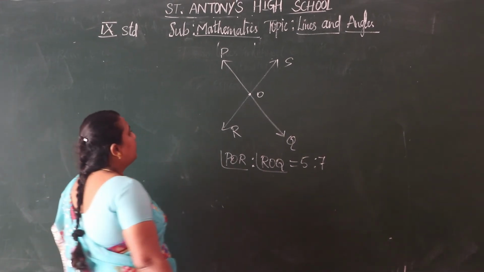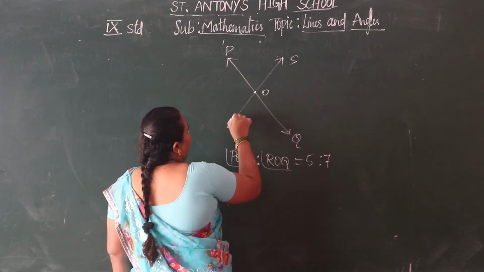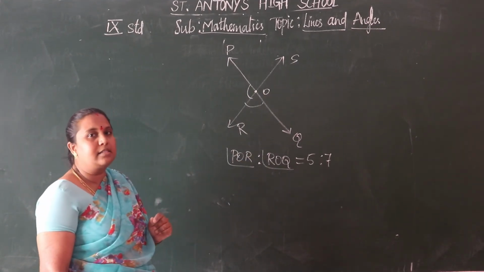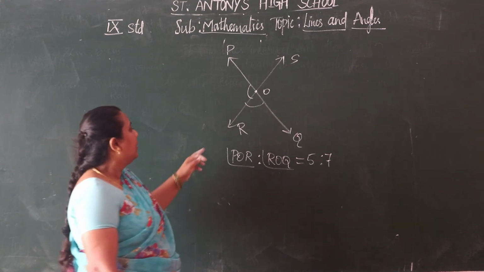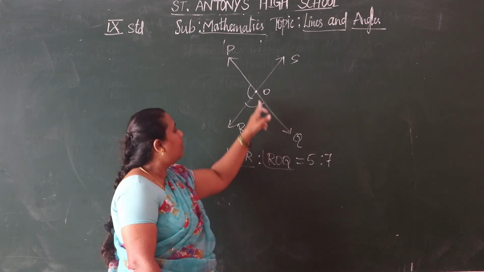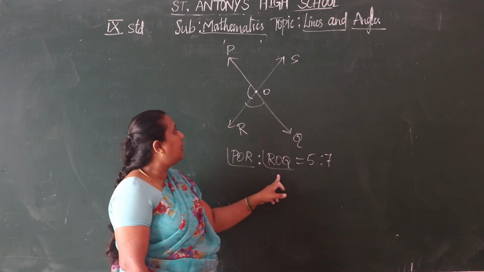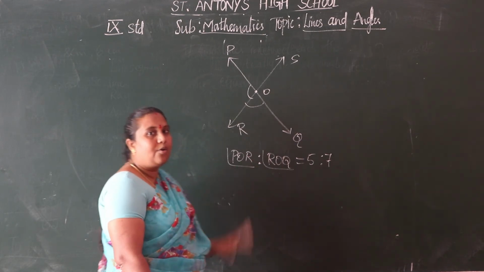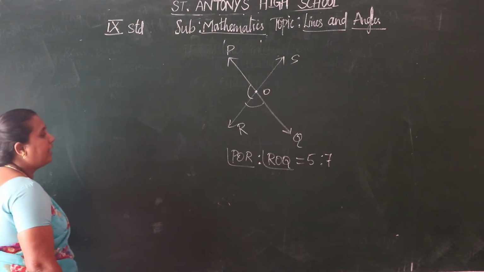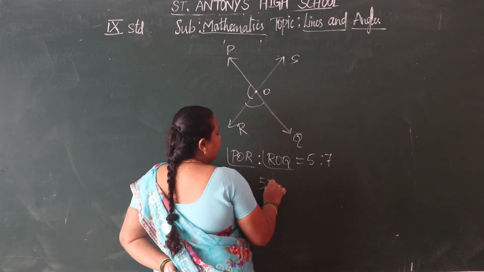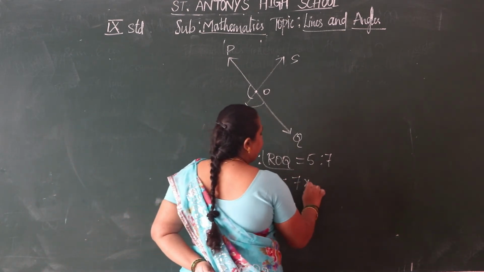So, for this it is given the ratio of angle POR and angle ROQ is 5:7. Let us take angle POR and angle ROQ as 5x and 7x in ratio.